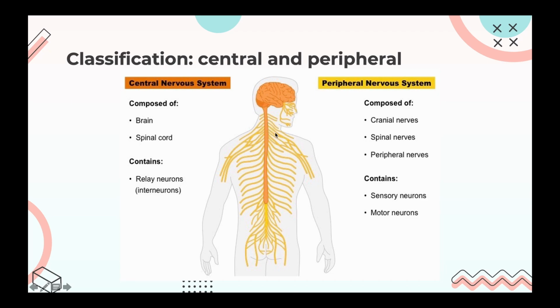Then you have the peripheral nerves, which you do not really see in this image, but for example, this part is a peripheral nerve. And the cranial nerves, which are nerves that are found in the brain that are also part of the peripheral nervous system. This is the most important classification and subdivision of the nervous system, although there are more.